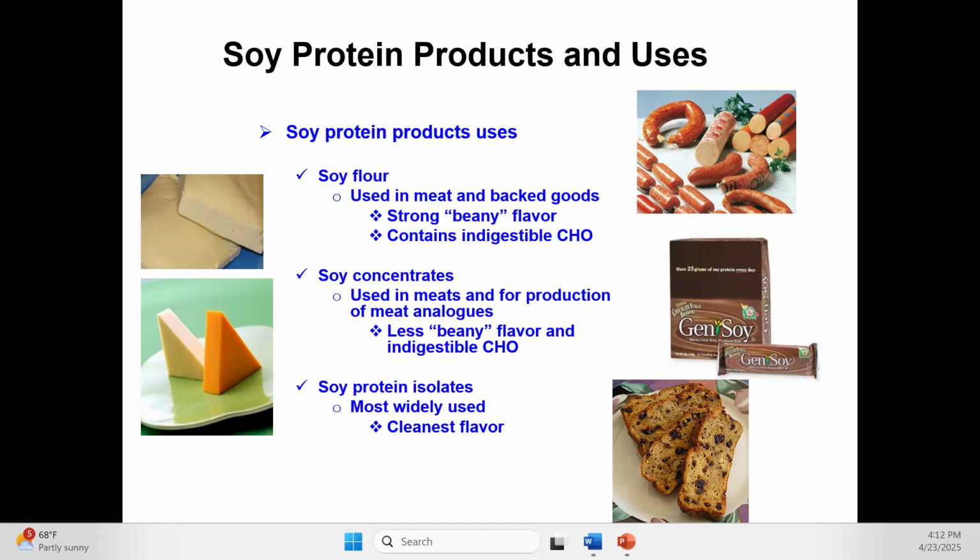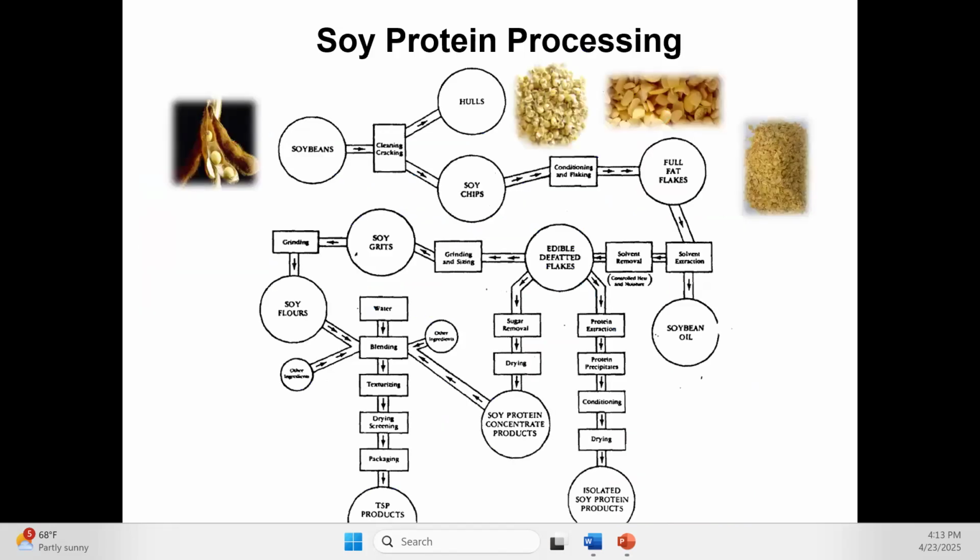The reason is they are the cleanest in flavor, and there have been decades of working with soy protein ingredients to reduce the beany flavor. A lot of products use soy protein: tofu, obviously, the extruded meat alternatives, cheese. So it's used in so many products.